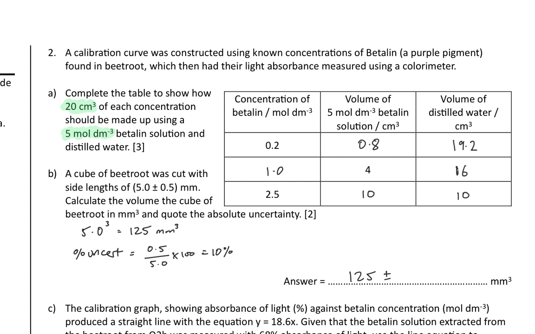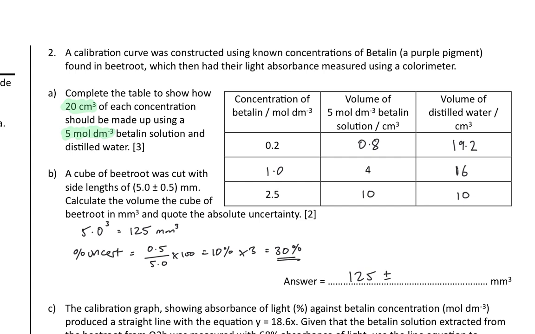And so because I've cubed it, I need to do 10% times 3. So my total percentage uncertainty is 30%. Because I've cubed the 5, I therefore need to add together 3 lots of 10% uncertainty.